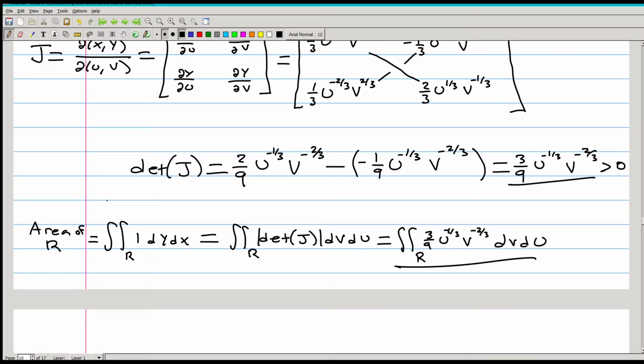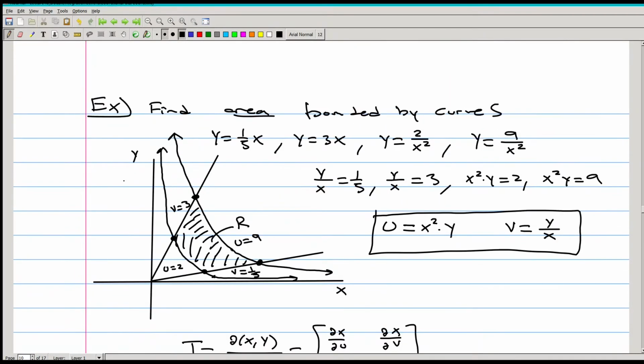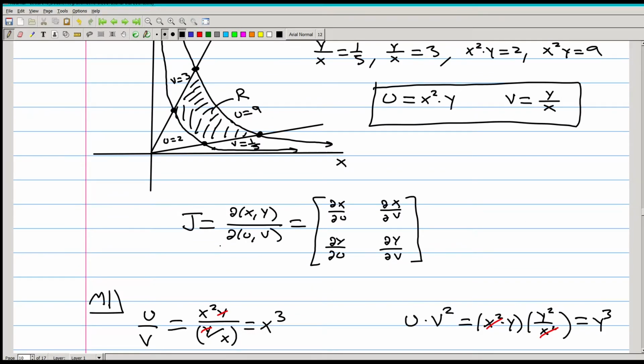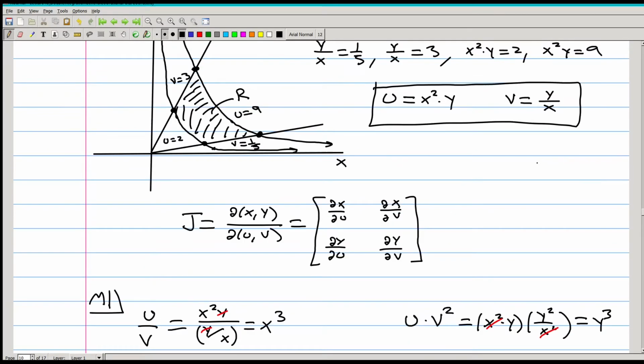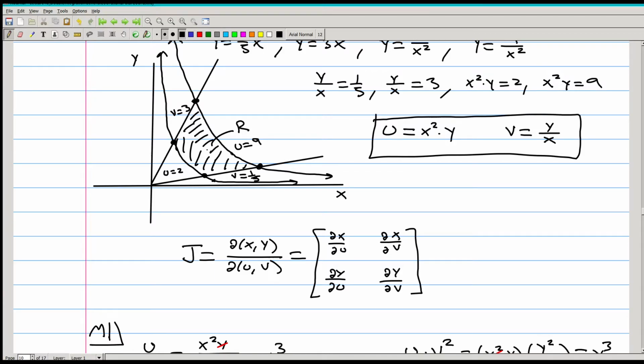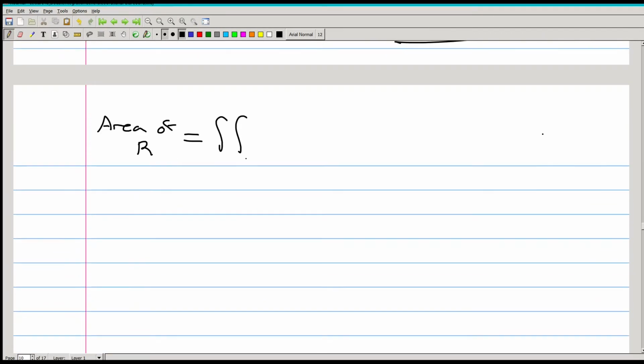And what's nice now is that the bounds of integration are very easily found from this picture. We drew the picture. This is going from u from 2 to 9 and v from 1/5 to 3, which is a rectangular domain in uv space, and that means that the area of R, of our region, is given by the double integral from 2 to 9 for the variable u, and 1/5 to 3 for the variable v.